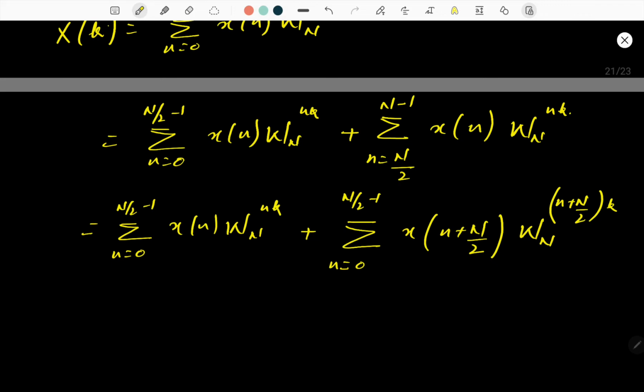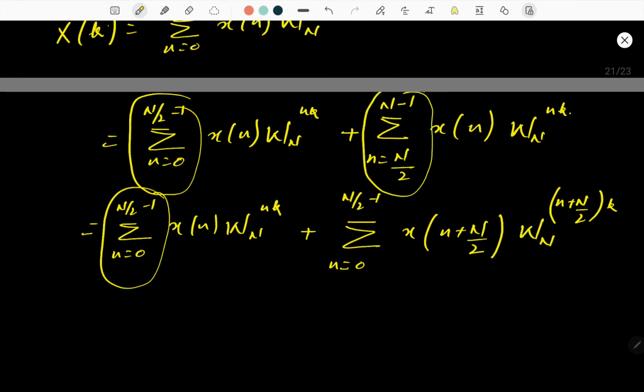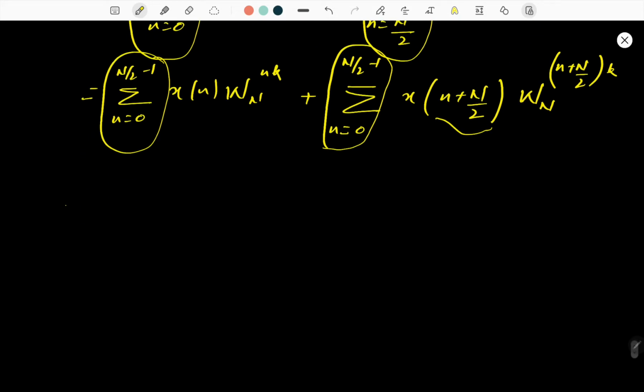This is similar, but we have only changed the limits: the summation was from N by 2 to N minus 1. When we take n from 0 to N by 2 minus 1, we have to change the value of n, so we have just used n plus N by 2 instead of n. Now both summations are the same.